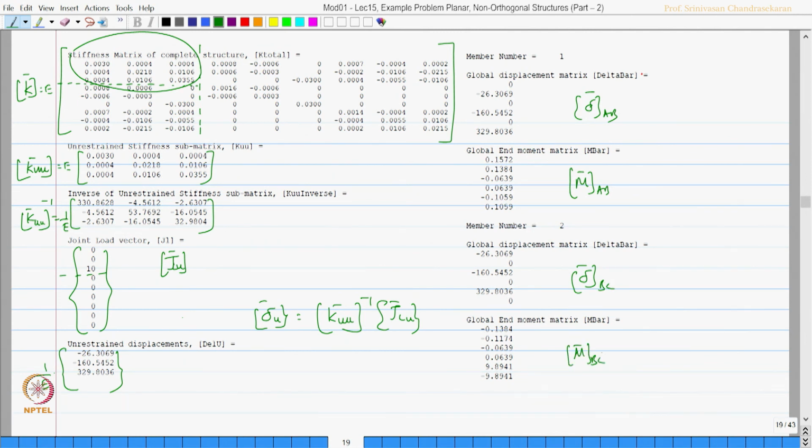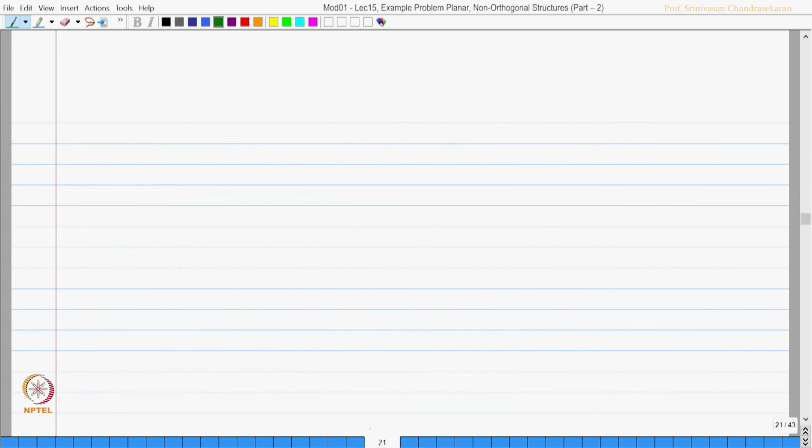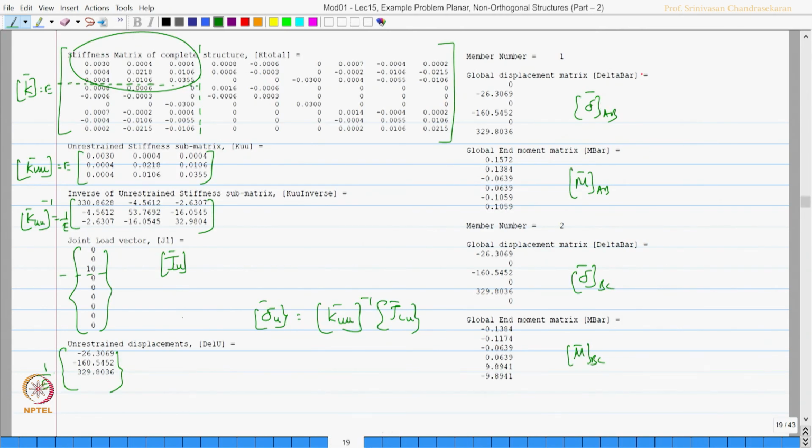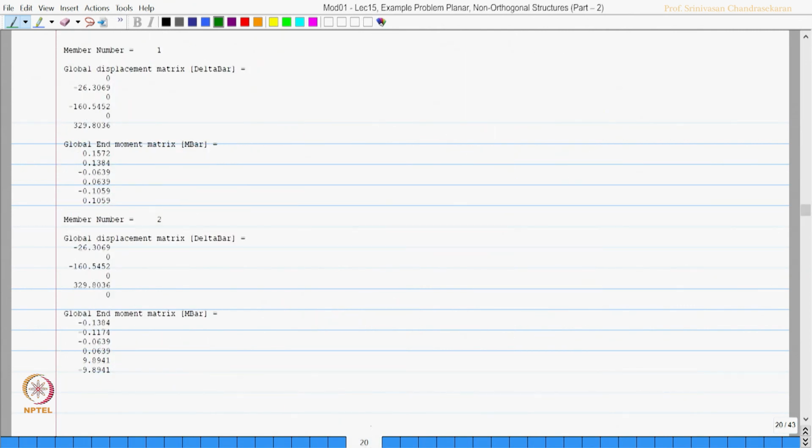Let us plot these results and show how they match. So, let us show these results. This is my original structural system, and this is my m bar of member 1.